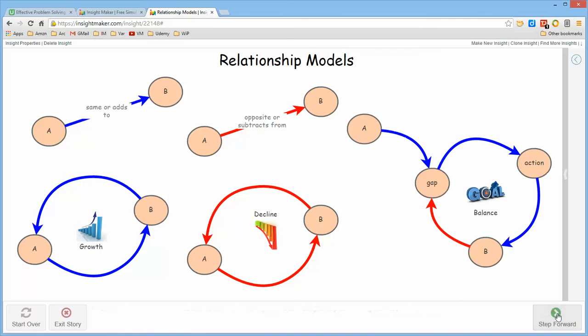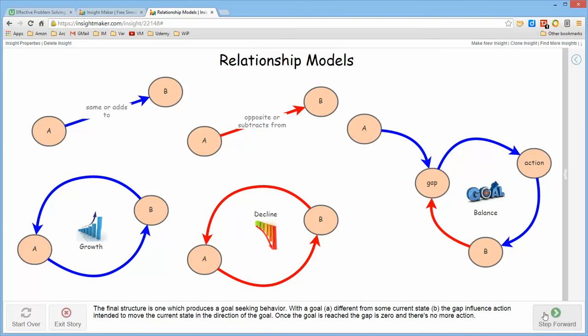The last structure is one where, given a goal and a current situation, the difference between them creates a gap. That gap influences action intended to move the current situation in the direction of the goal. And when the action actually moves the current situation all the way so that it reaches the goal, the gap is zero and there's no more action.